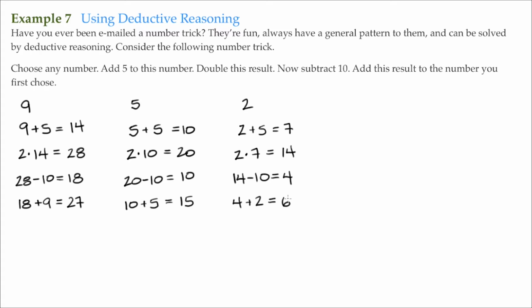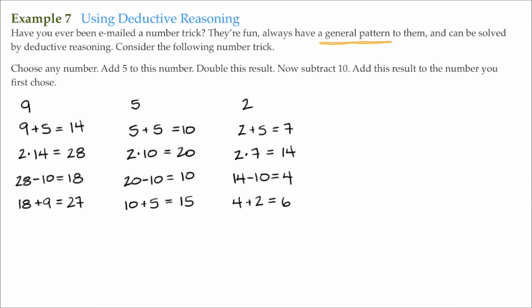So it seems to me that whatever number we start with, our result is going to be 3 times that number, right? 9 times 3, 27. 5 times 3, 15. 2 times 3 is 6. So we're going to see if that's the case. We're going to come up with a general pattern. Whenever you come across a number trick, you should always go ahead and test it out, run it through, see if you could see something developing, and then do a general pattern to help confirm your results.